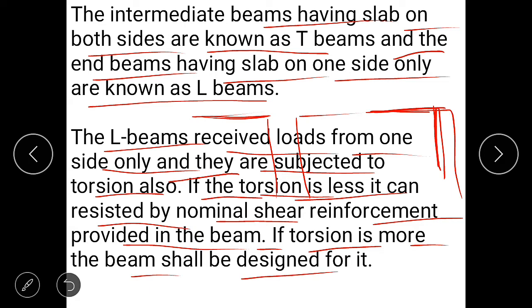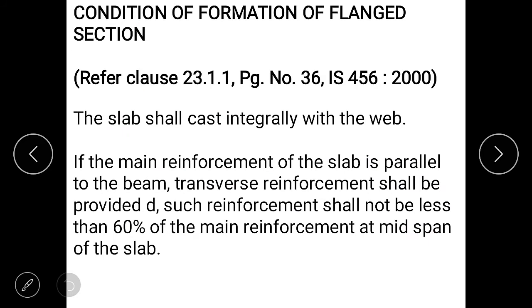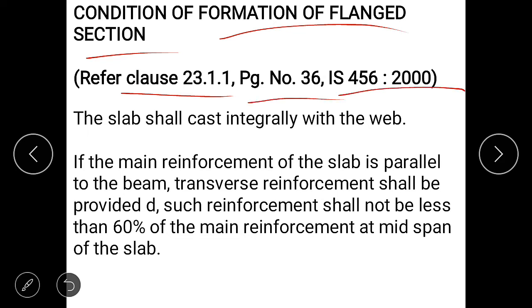Now we study the conditions for formation of a flanged beam. Refer to clause 23.1.1, IS 456:2000, page number 36.